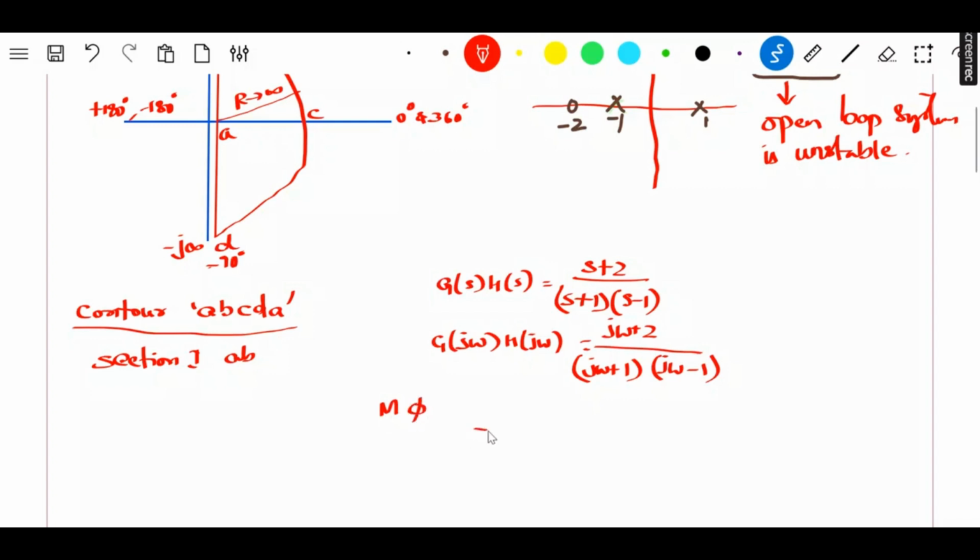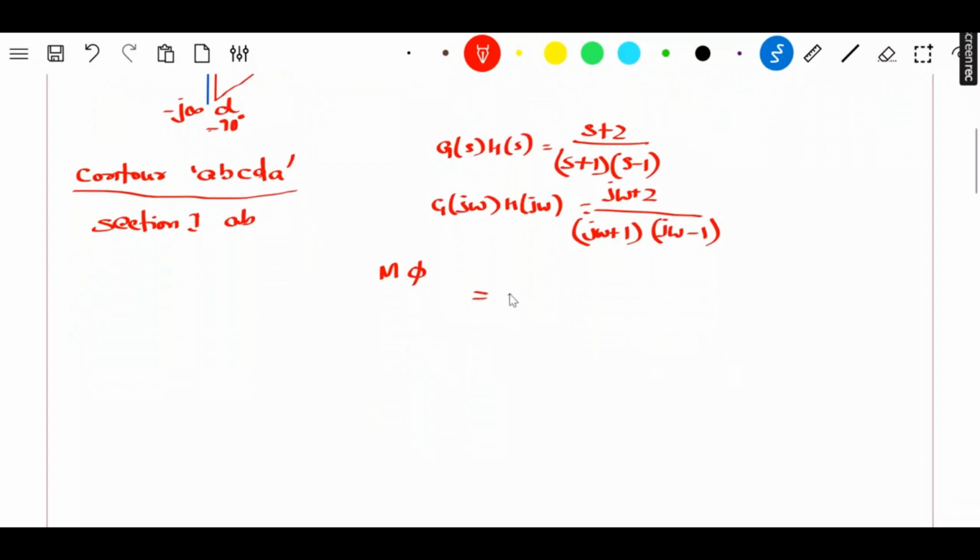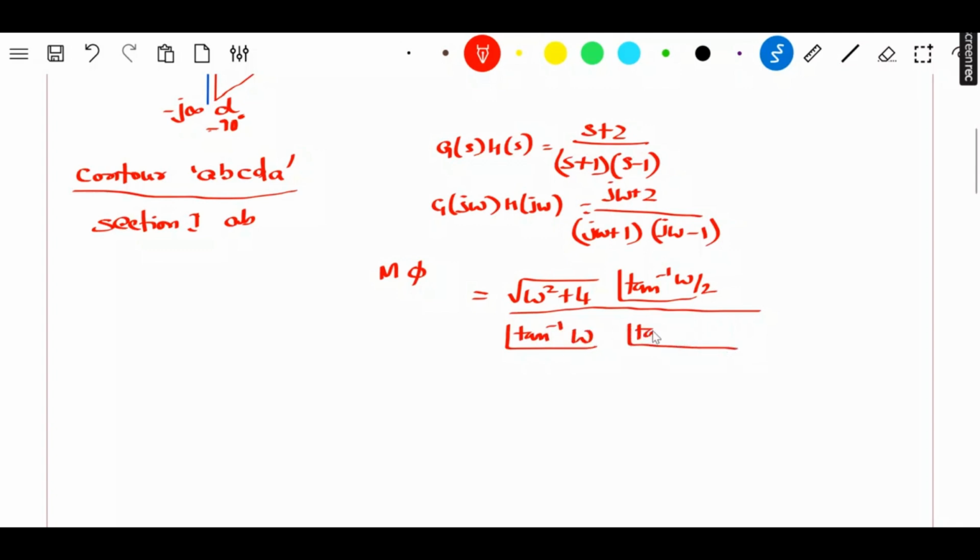The magnitude for j omega plus 2 is root of omega square plus 2 square, that is 4, and the angle is tan inverse of omega by 2. The next angle is tan inverse of omega, and the next one is tan inverse of minus omega.